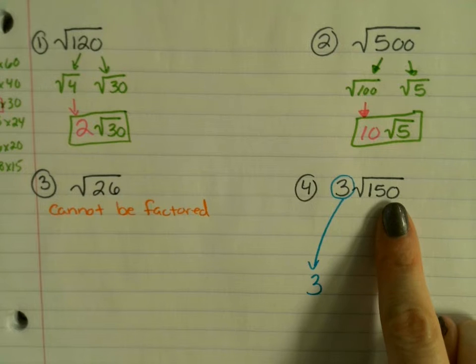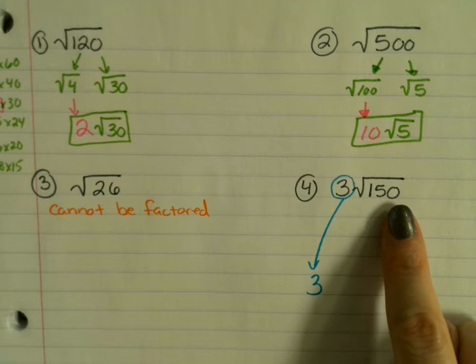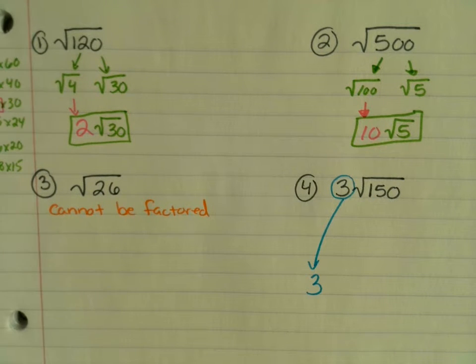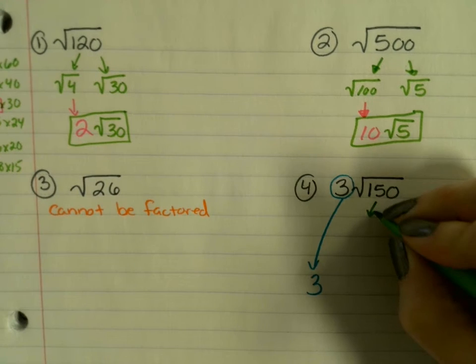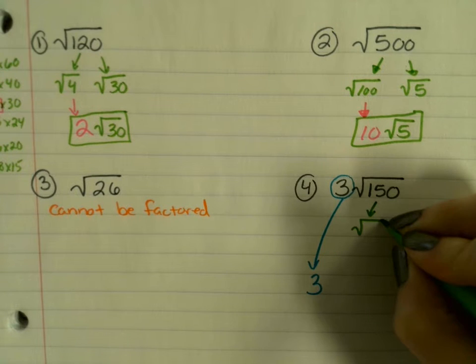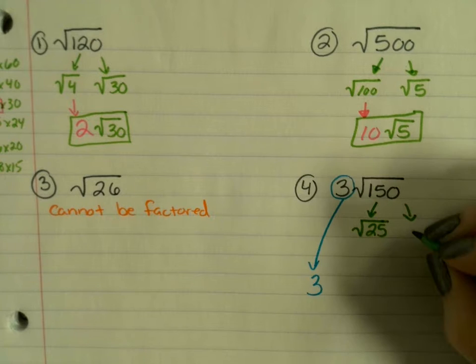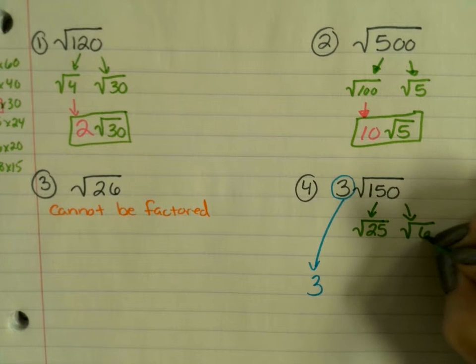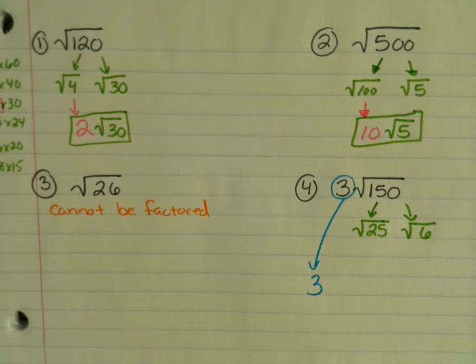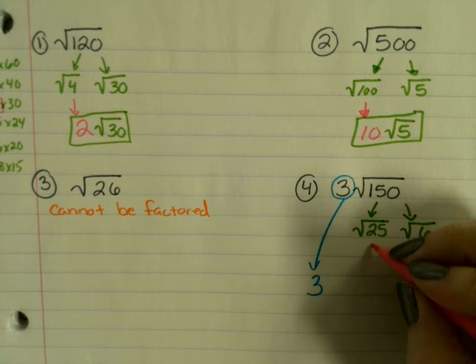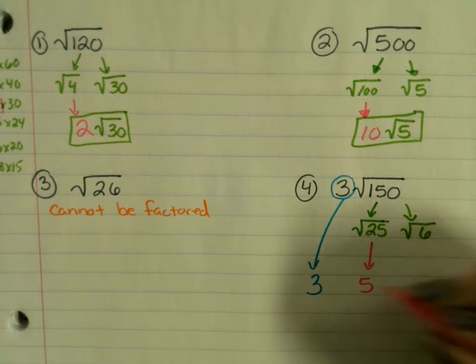Perfect square that can go into 150. 25. Good. So square root of 25 is the largest perfect square that can be broken up into 150. So it's 25 times 6. Now the square root of 25 is going to be 5. And then, of course, square root of 6 comes down.